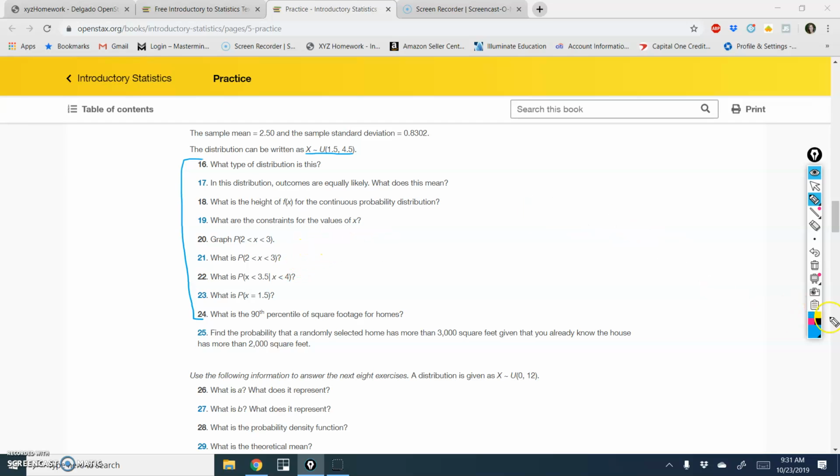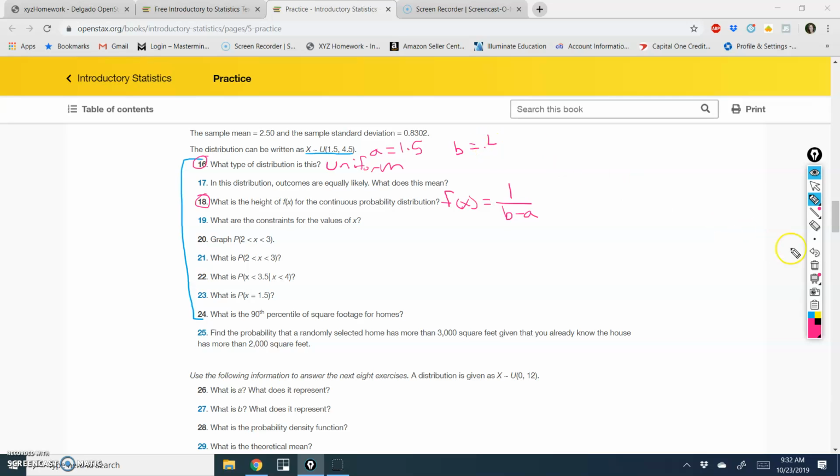Starting off, number 16, what type of distribution is this? Well, X tilde U, this is a uniform distribution. We'll go to 18. What is the height of f of x for the continuous probability distribution? We look back in our notes and we have a formula: f of x is equal to 1 over b minus a. We look at our distribution and a is equal to 1.5 and b is equal to 4.5.